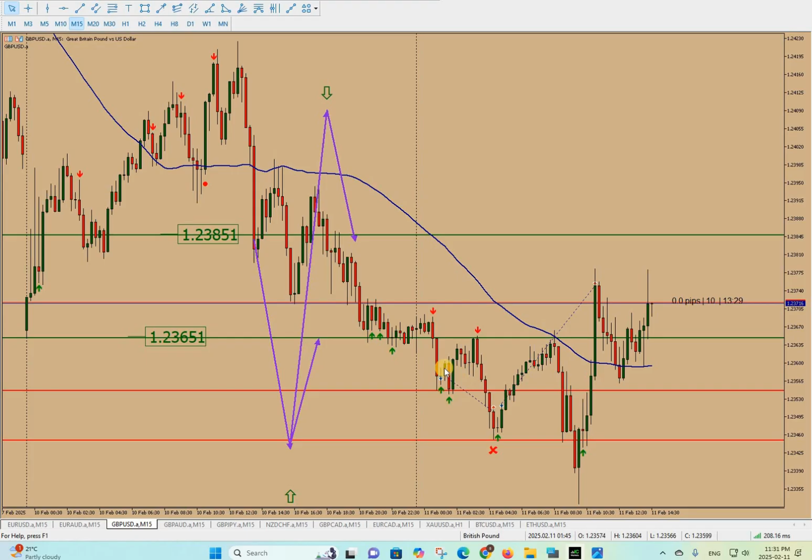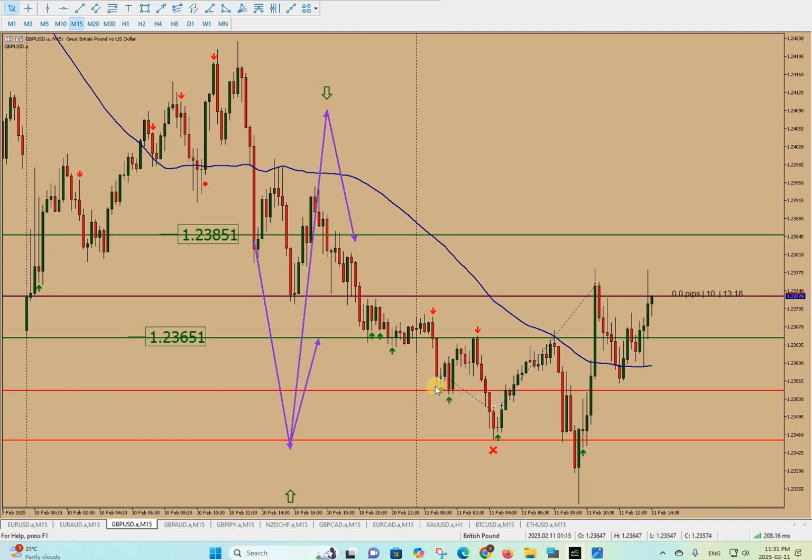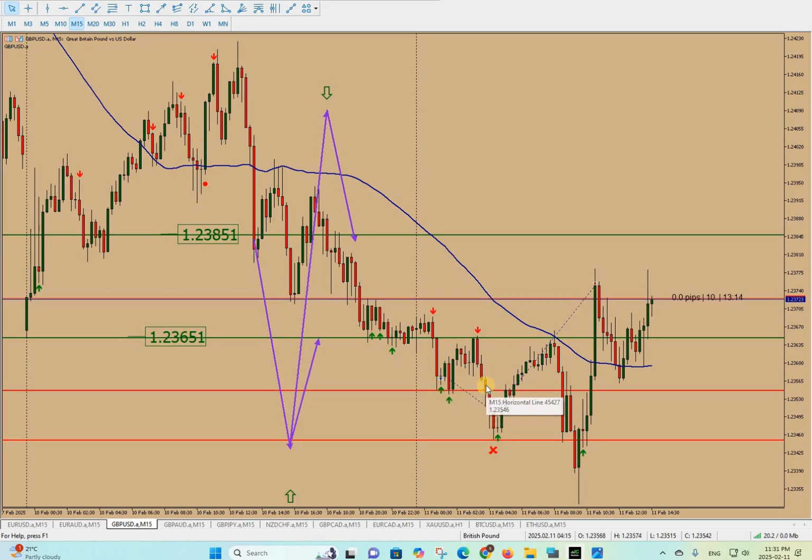So what happened is this: when you put the red line under the first support, if the price comes past your stop loss and is red, you do not close the trade on a loss immediately. No, you wait for the second candlestick to see. If the second candlestick is red, then you close it on a loss, which is what happened here.